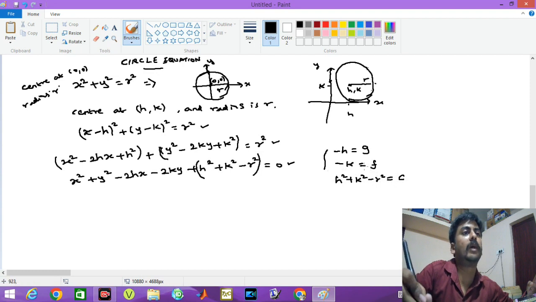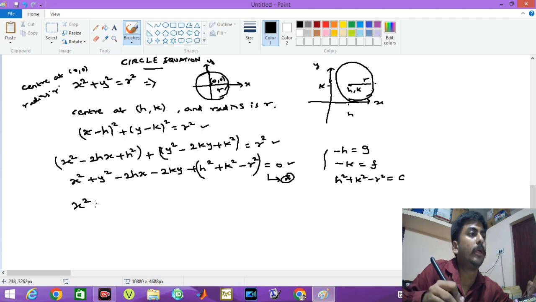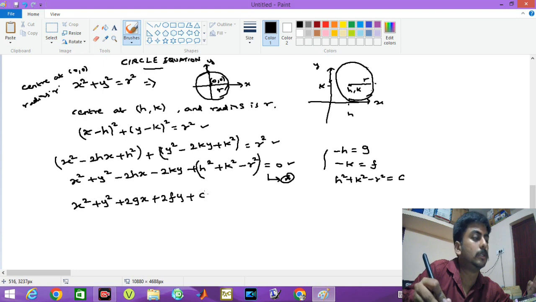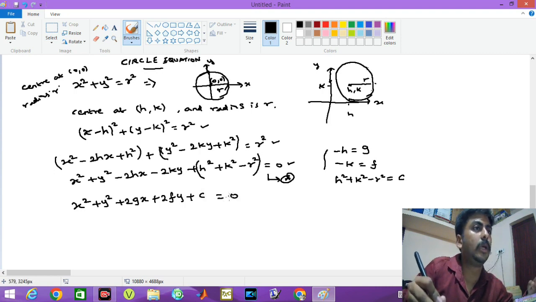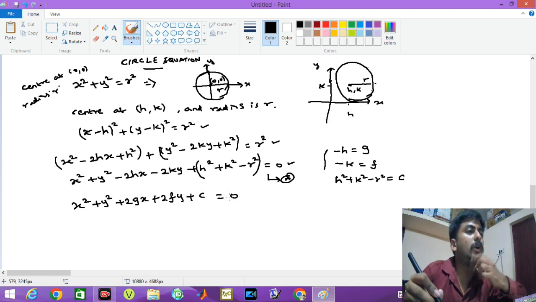If I consider these three replacements, this equation will become x square plus y square plus 2gx plus 2fy plus c equal to 0. So this is also the equation of circle.